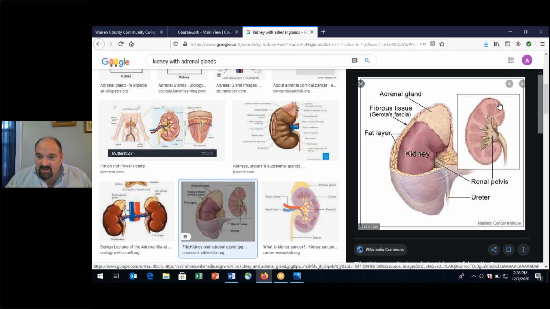Here's the pelvis. Professor, yes, go ahead. The picture kind of makes it look like the fat layer is thicker in the middle than on top. Is that how it is, or is it even all the way around? It's pretty much, yeah. I mean, they're just giving you an example. And you know what I would tell you? Depending upon the patient, it could be less.